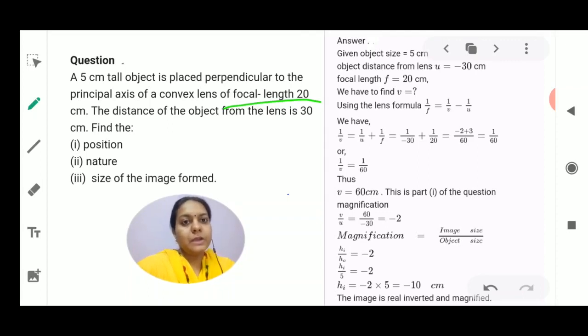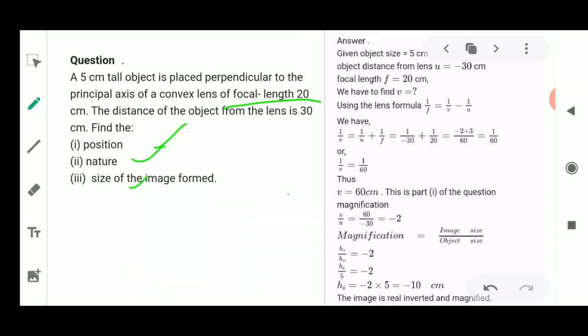The distance of the object from the lens is 30 centimeters. What you have to find is the position, the nature and the size of the image formed. Let's begin the solution of this question.